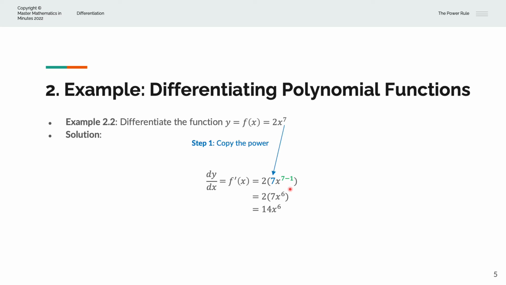Again, the first step is to copy the power, 7, and the second step is to reduce the power by 1, and that becomes 7 minus 1. And simplifying that, we have 2 times 7 times x to the power of 6, and simplifying that further, we have 14 times x to the power of 6.